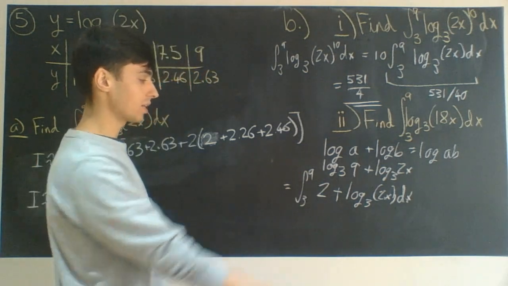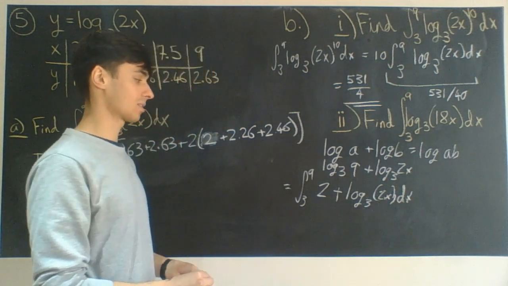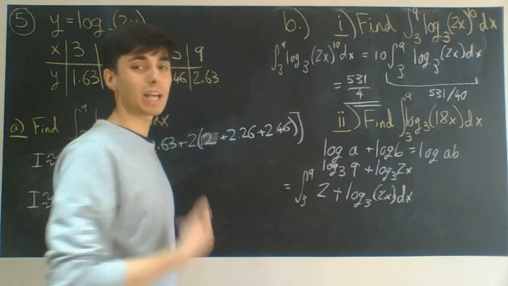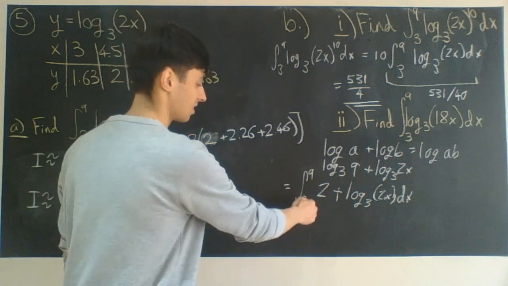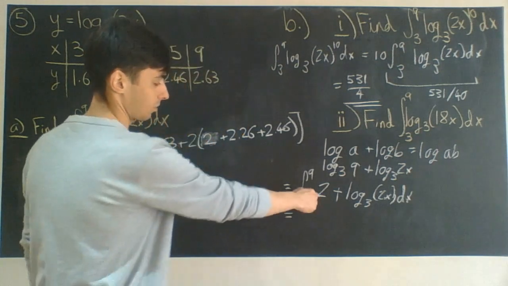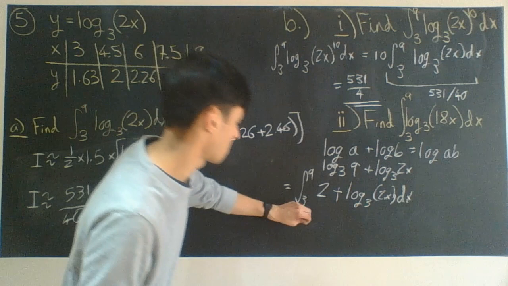Between 3 and 9 of 2 plus log 3 of 2x dx. If you think about this, we've got 2 that will integrate to 2x, and over this distance of 6, 2 times 6 is going to give us 12.